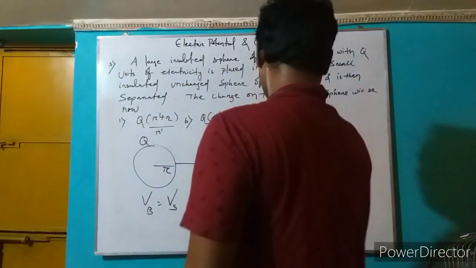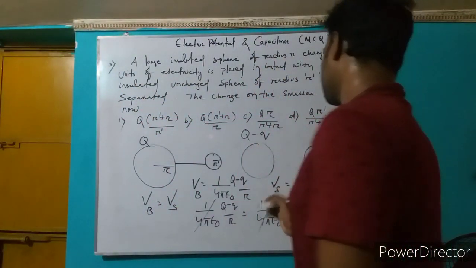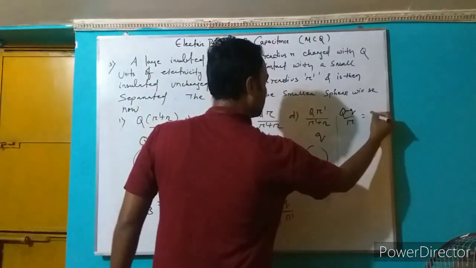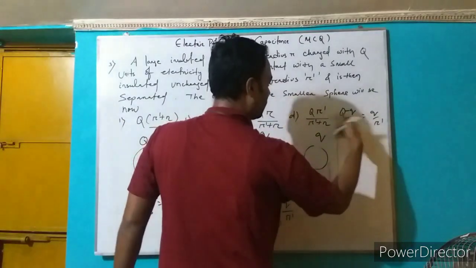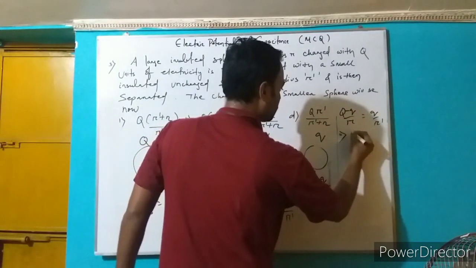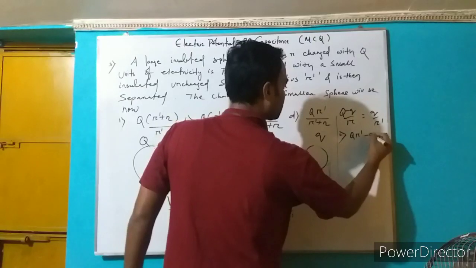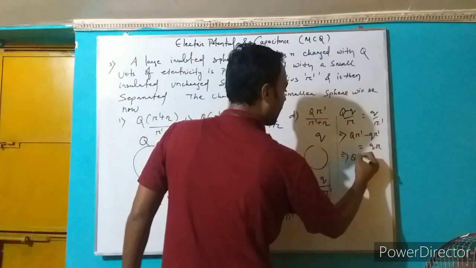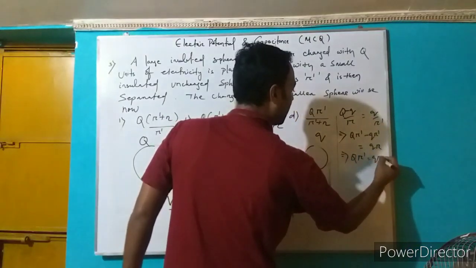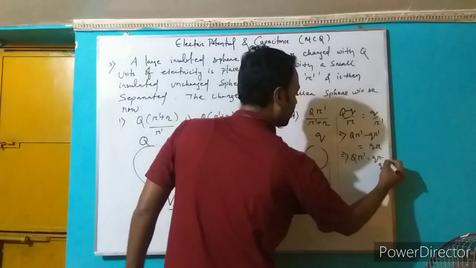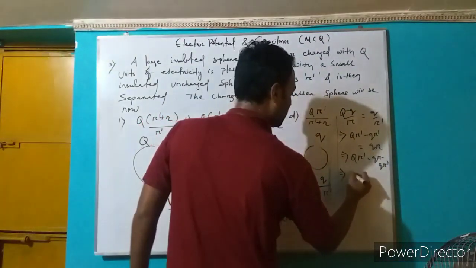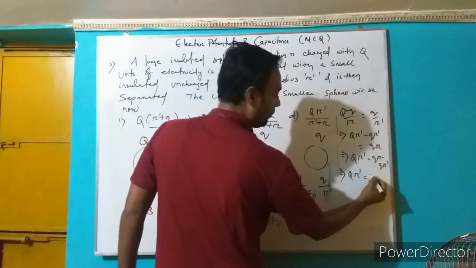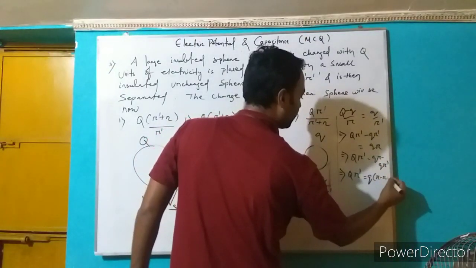Cross multiplying, we get (Q minus q) r prime equals q r. That implies Q r prime equals q r plus q r prime. Taking q common, Q r prime equals q (r plus r prime).